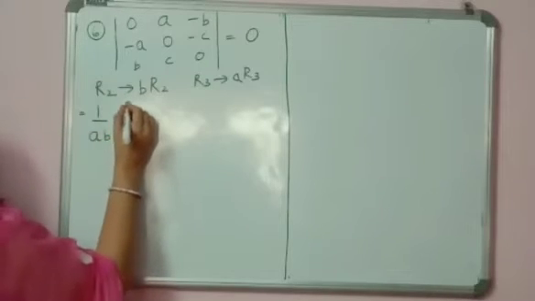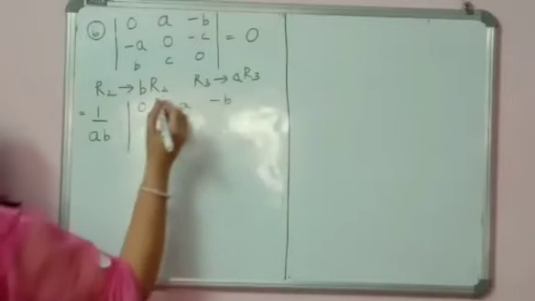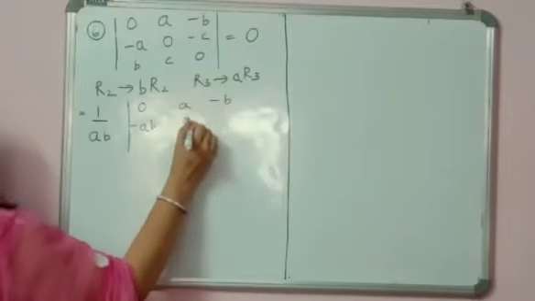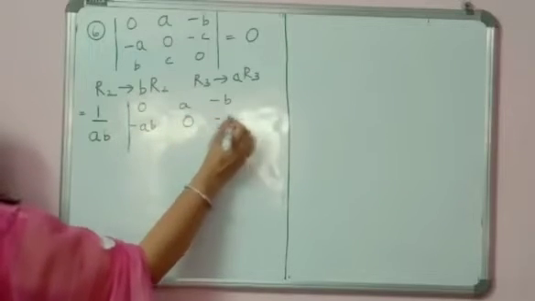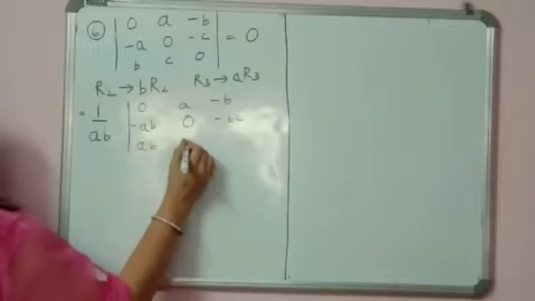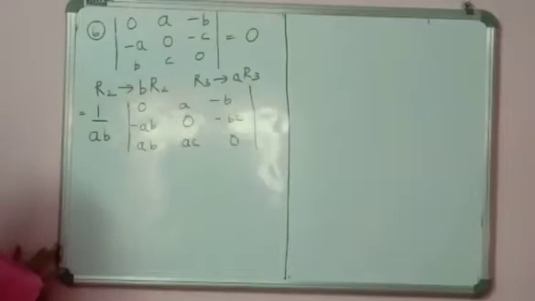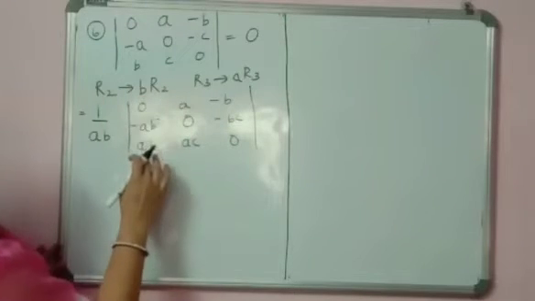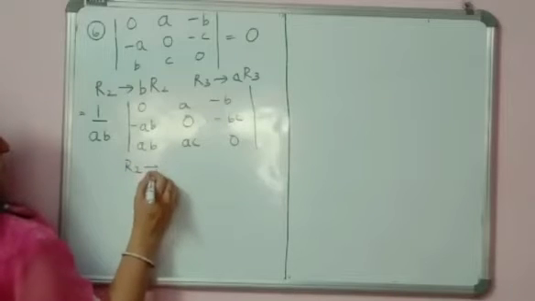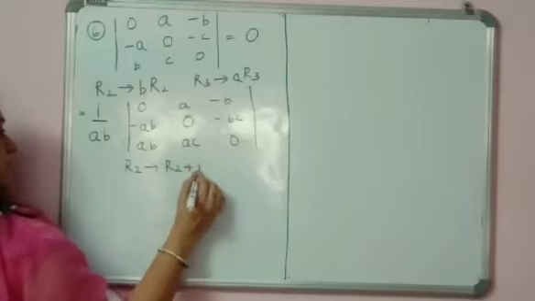Okay, so now you have 0, A, minus B, then it is multiplied by B, means minus AB, 0, minus BC, and it is multiplied by A, means AB, AC and 0. So now you can get one more 0 by adding R2 and R3. So change R2 to R2 plus R3.